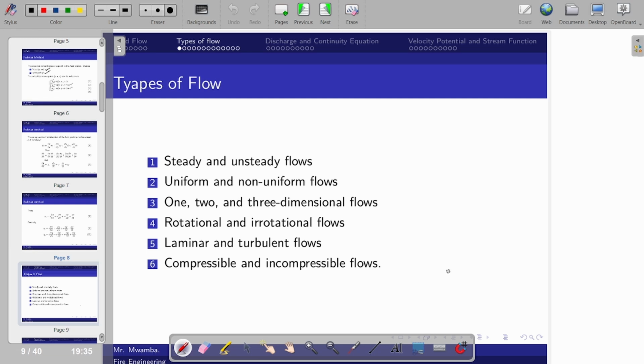Number 1, the steady and unsteady flows, the uniform and non-uniform flows, the 1, 2, 3 dimensional flows, the rotational and irrotational flows, the laminar and turbulent flows, and the compressible and incompressible flows.